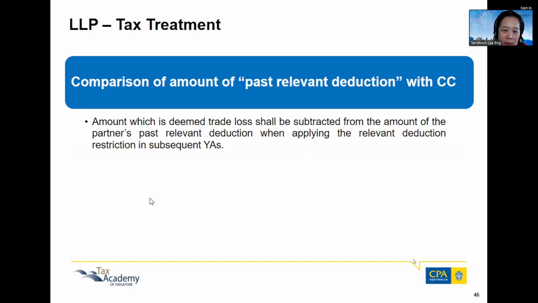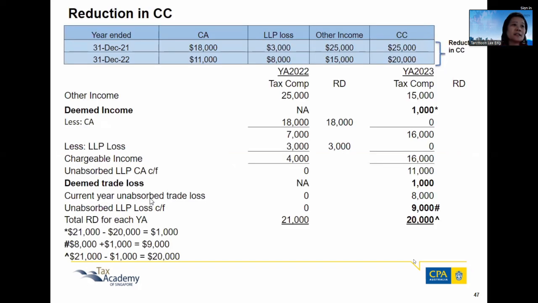Actually, this example is a follow-up from the earlier one. Remember in the earlier one, we had a relevant deduction of 21,000, because the contributed capital is 25,000, so 18,000 plus 3,000, 21,000, is still within 25,000. So YA 2022, no problem.